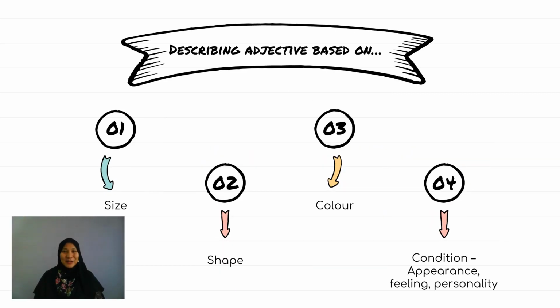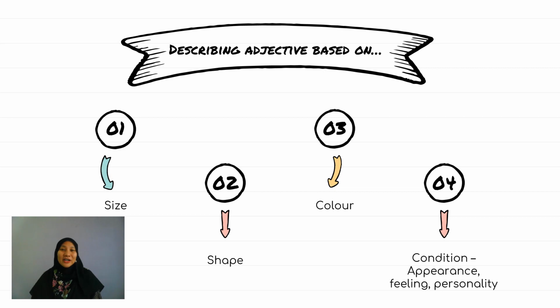As guidance, you may describe a noun based on size. For example, big, small, gigantic, tiny, tall, short. And as for shape, you can describe it as straight, curved, wide, narrow, crooked, flat.